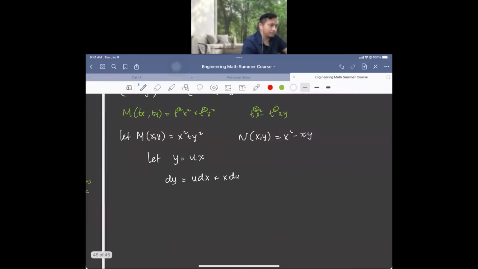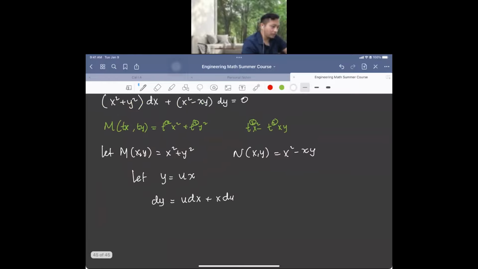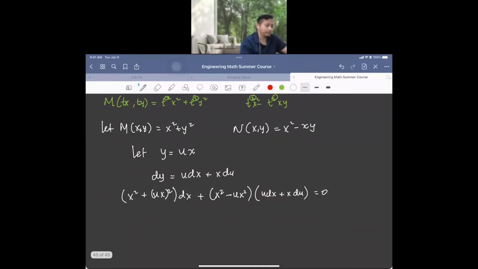So we substitute: x squared plus, substituting y with ux, squared, and then plus x squared minus xy becomes minus ux squared after substitution, and dy becomes u dx plus x du, equals 0.